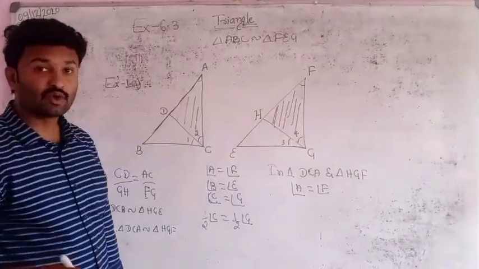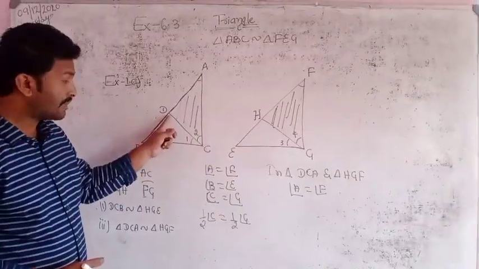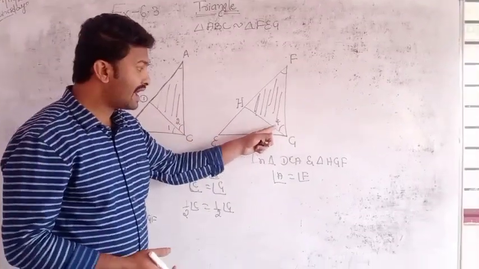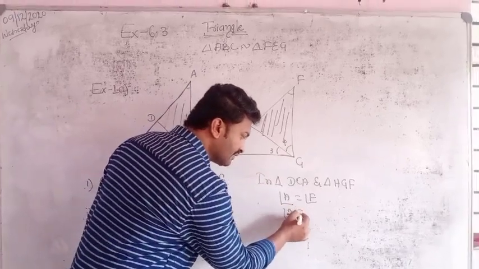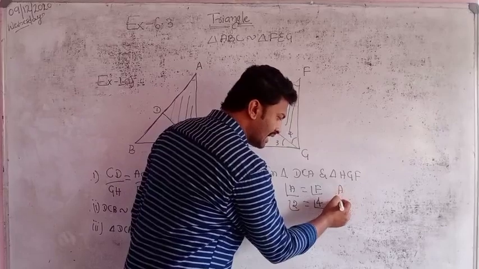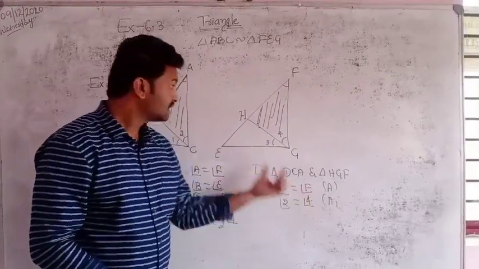One more. Just now we got, by the bisector of CD, angle 2 equals angle 4. Correct? Angle 2 equals angle 4. This is also an angle and this is also an angle. This one we got by similarity.